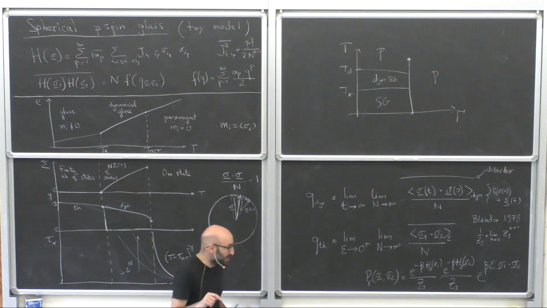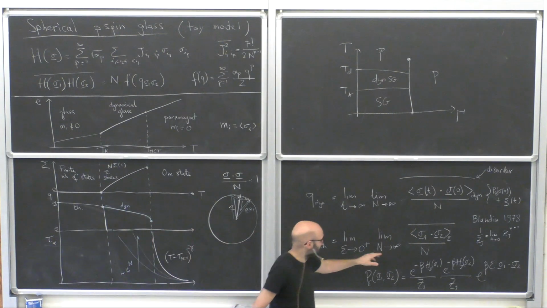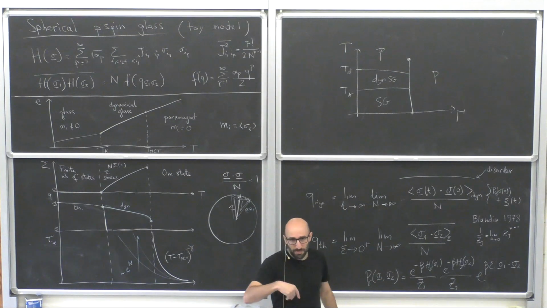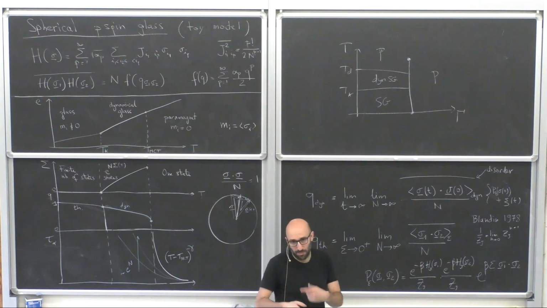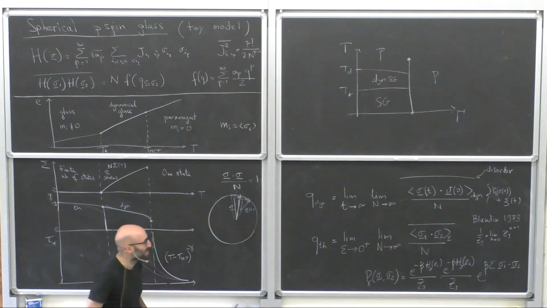If you want to see a simple case of this, you can do the random energy model. On my webpage there are notes where you can do the calculation for the random energy model, and you can see why the symmetry is broken. But I cannot really enter into that.